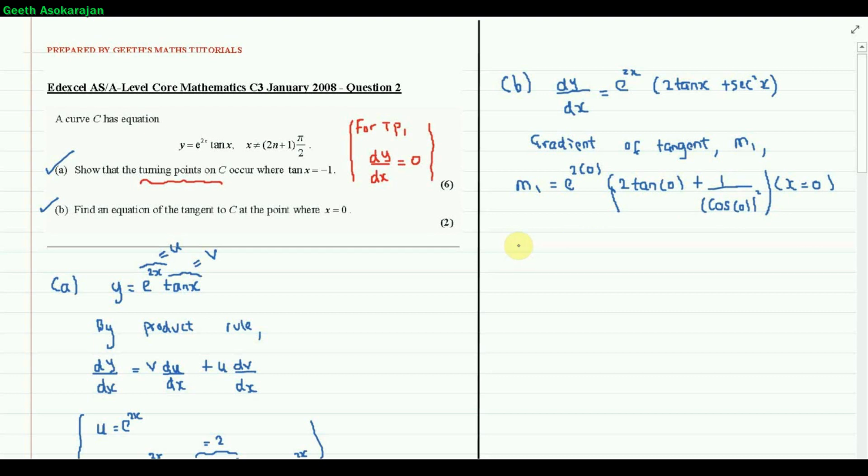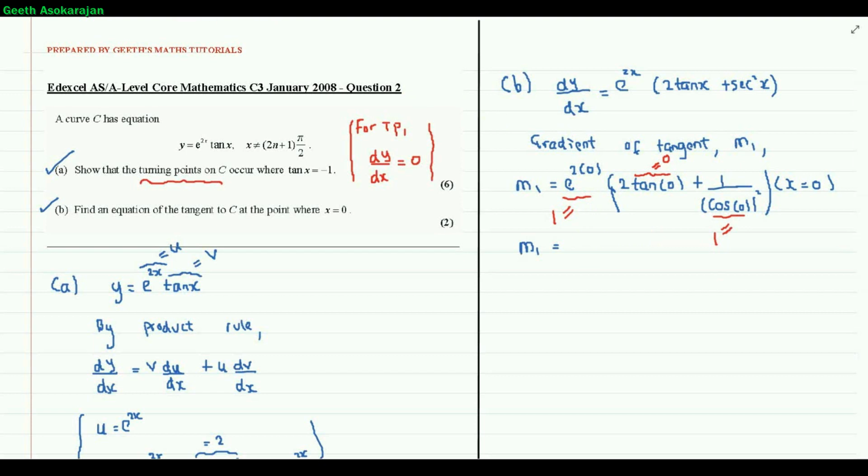There we go. And if I simplify in the next line, e to the 0 is 1. Tan 0 is 0. Cos 0, that's a standard result, cos 0 is 1.